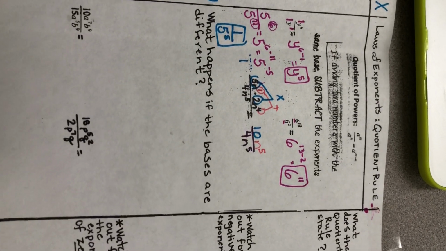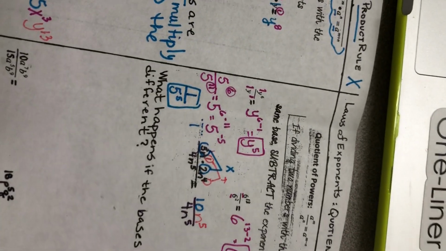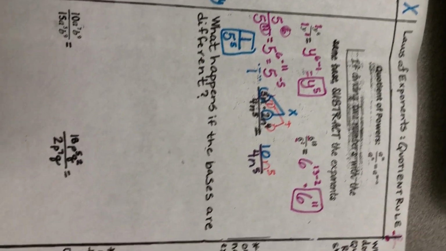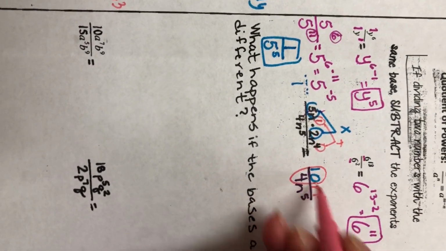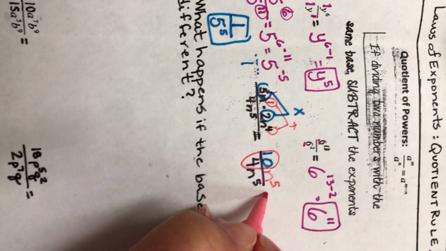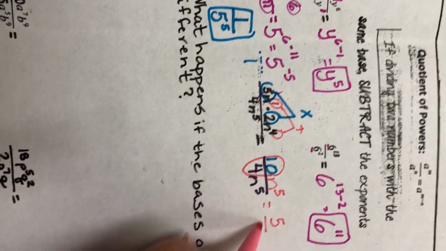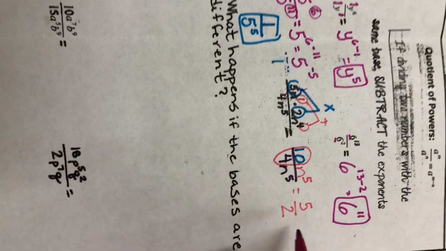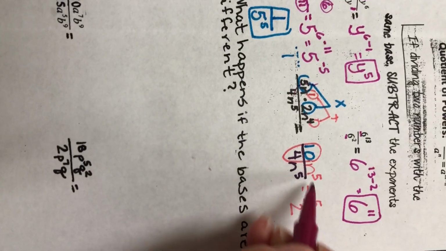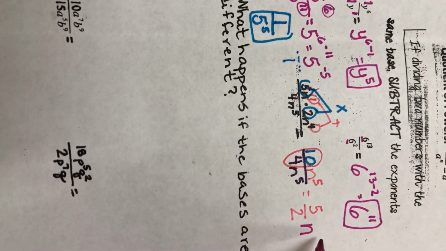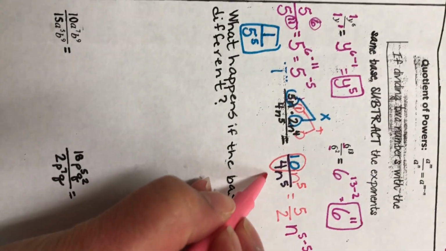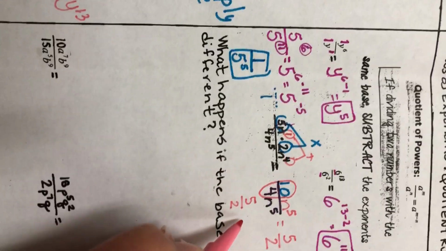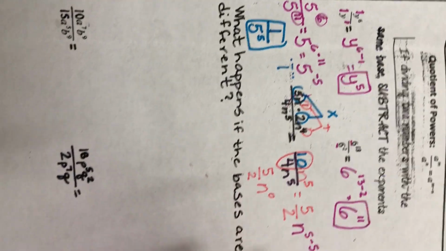So 10 divided by 4, I can't get a nice little number, so I can simplify. 10 over 4 can be simplified by 2's, so I'm going to get 5 halves. Then I write my exponent, and I have to subtract my exponents: 5 minus 5. So 5 over 2, and then 5 minus 5, well, that's 0.